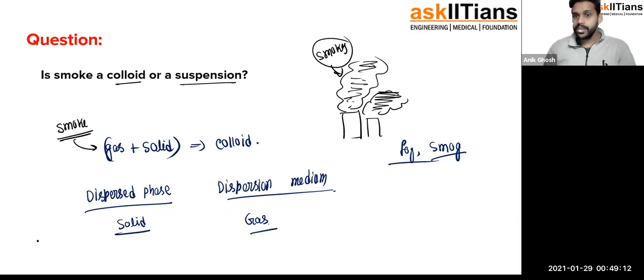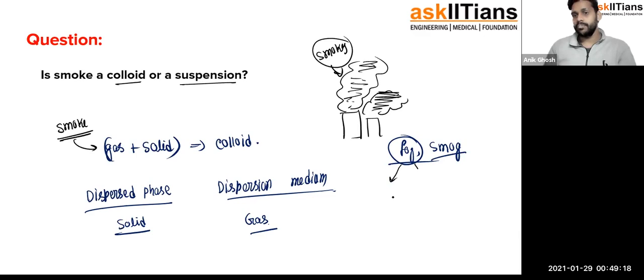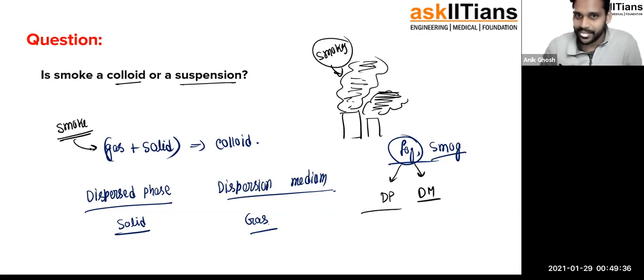Now in the case of fog, you tell me, what would be the dispersed phase and what would be the dispersion medium? When you walk through a fog, your shirt and whatever you are wearing becomes wet, isn't it? In the case of smoke, you cannot feel that.